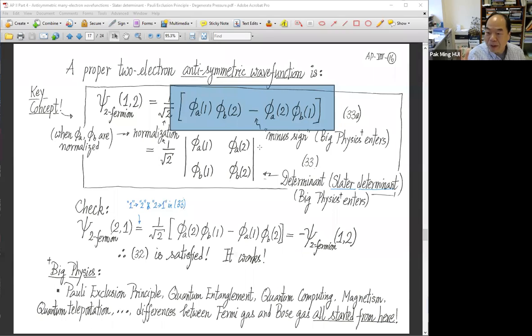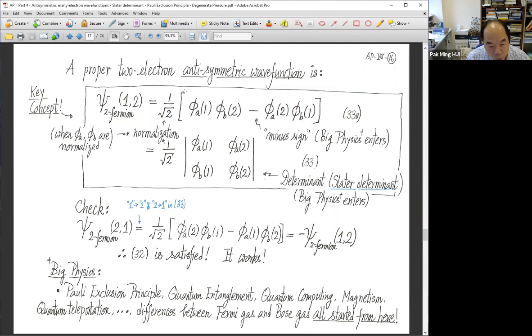Because the two electrons are indistinguishable, living in the helium atom, all I know is one electron in A, another electron in B. But in fact, I don't know which one is in which state. For this, we better not enforce electron number 1 in A, electron number 2 in B. If we do that, we will get one of the terms, and then we are wrong.